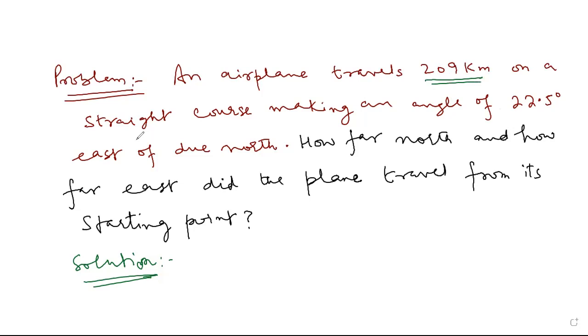We are asked to find the distance traveled by the airplane along north and east directions separately from its starting point. So we will use the idea of vectors.